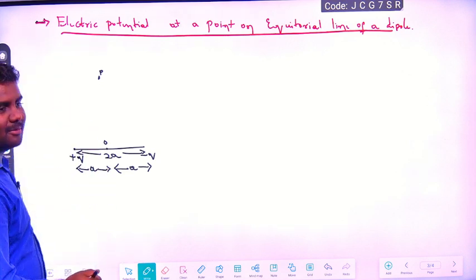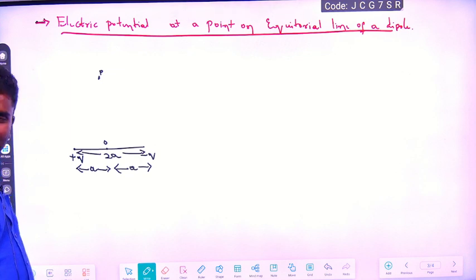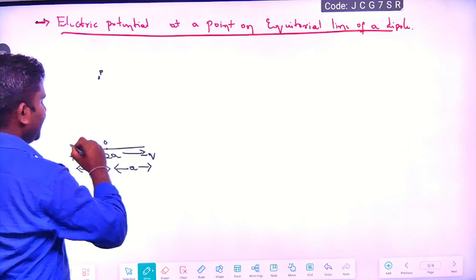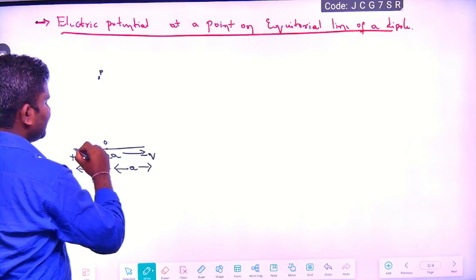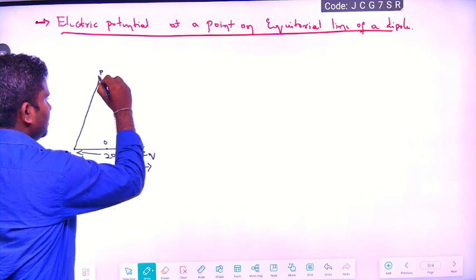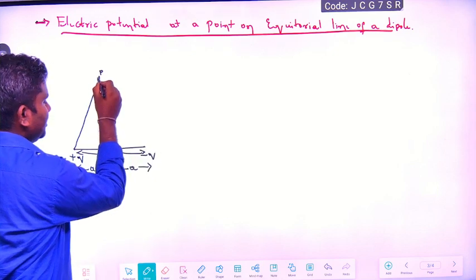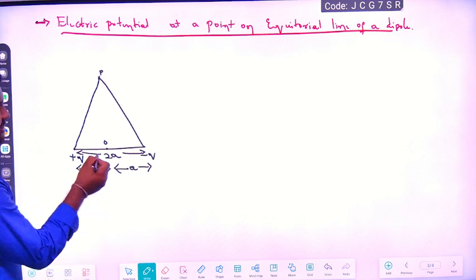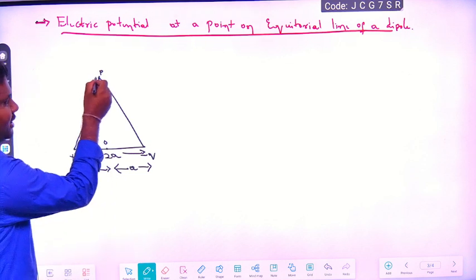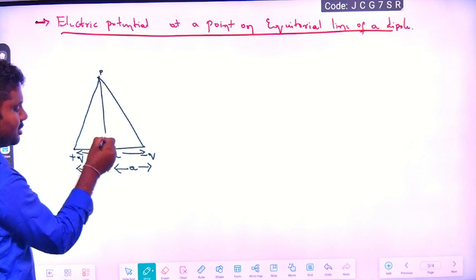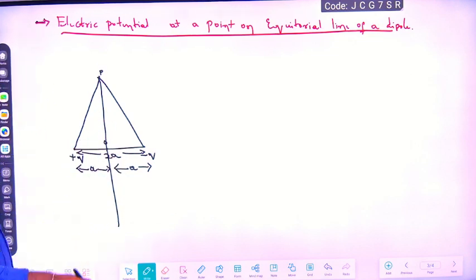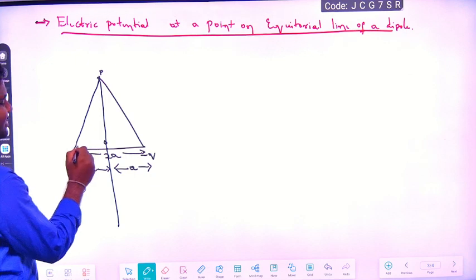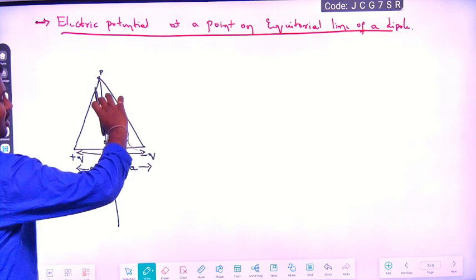First draw the lines from the point to plus Q and to minus Q. This distance is a, and here is the center.